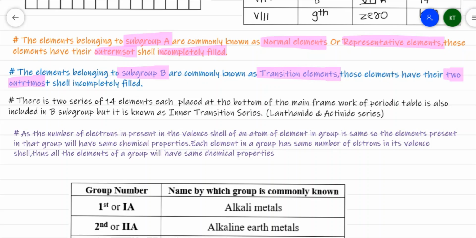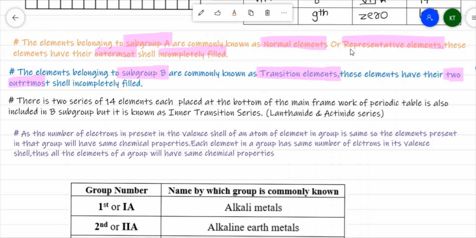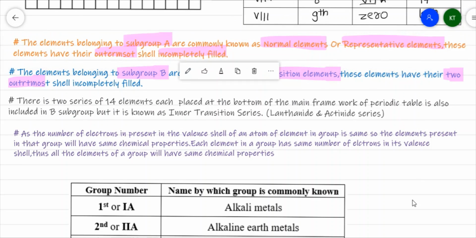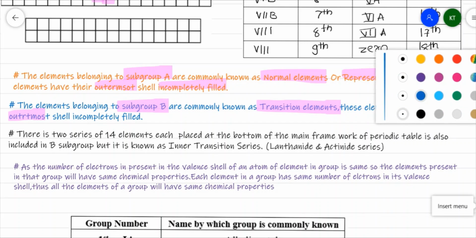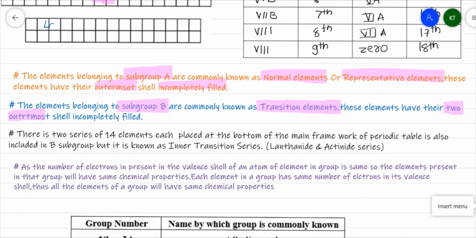Now, if you carefully observe the periodic table, some elements have been placed at the bottom of the periodic table in two separate series. These are called the lanthanide series and the actinide series.